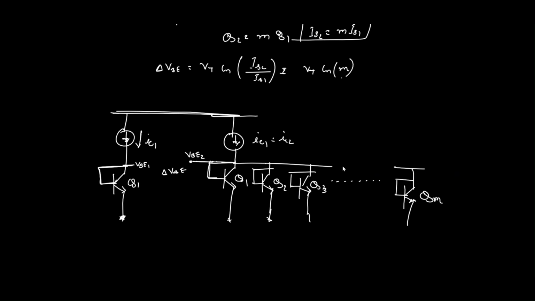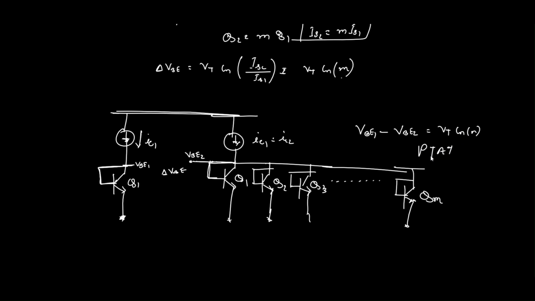QM, and this voltage, the VBE1 minus VBE2, that means which is VT ln N, is a PTAT voltage.